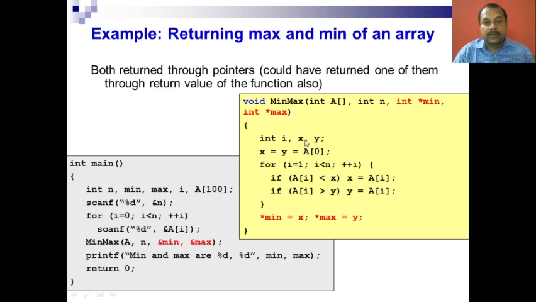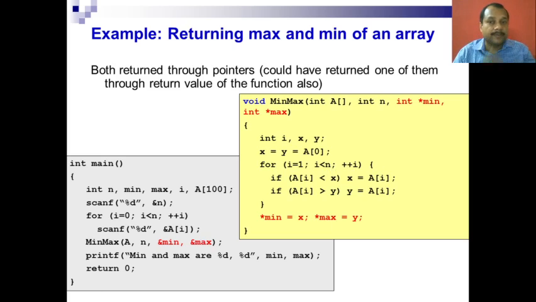Let us see how it will happen. Here this is a simple integer a, yes, this is the array. The square brackets, opening and closing, indicate that it is an array pointer. This is integer n. Then I am passing ampersand min and ampersand max, and I wish to return min and max values from this function, and I understand that in one return statement I cannot do that.